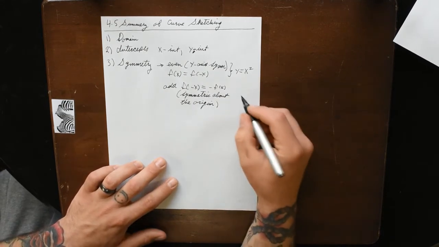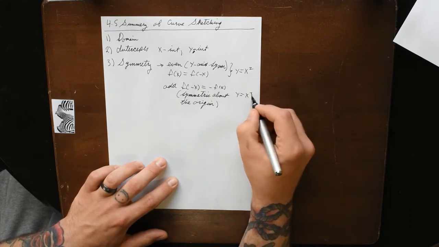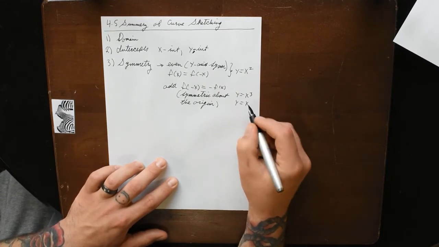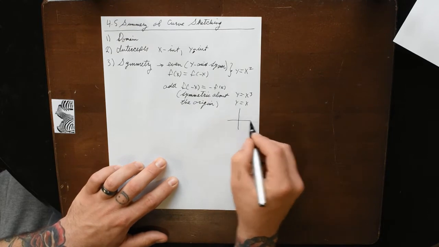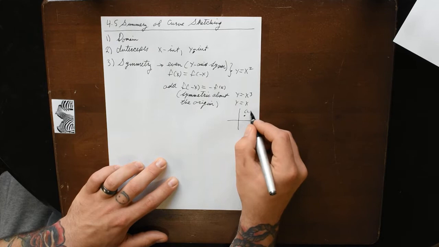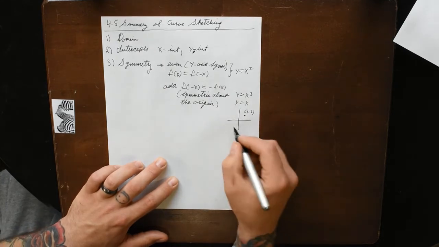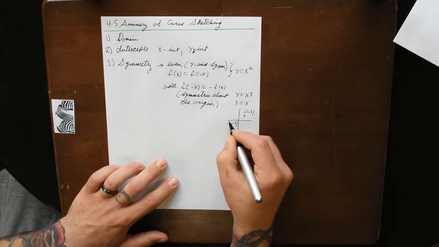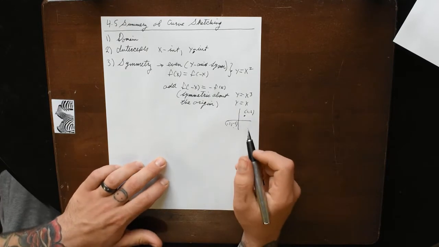Think of something like y is equal to x cubed or y is equal to x. If you have the point, say, 1, 2, you have the point -1, -2 also on the graph.